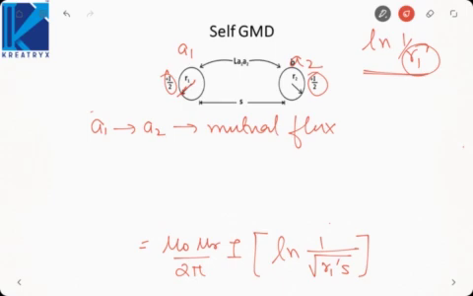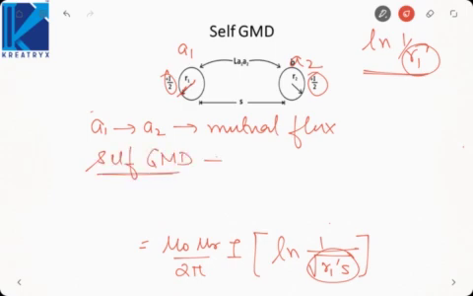So we can neither call it completely self flux nor call it mutual. It is mutual flux for the two conductors, but if we look from the phase perspective, it is the self flux because it is within the phase. That is why we cannot call this distance GMR. We call it self GMD.